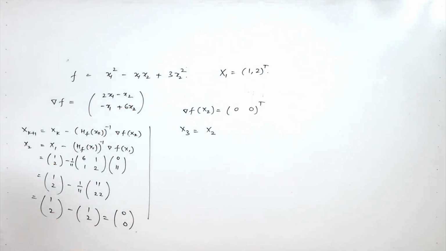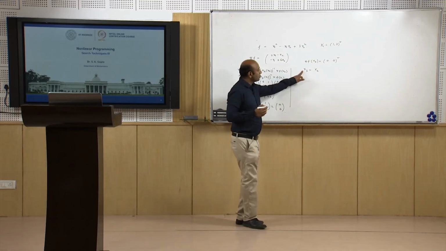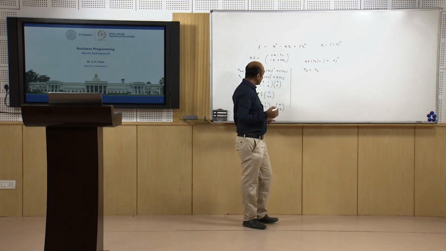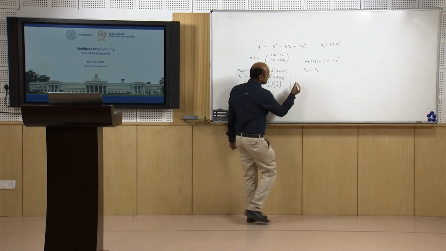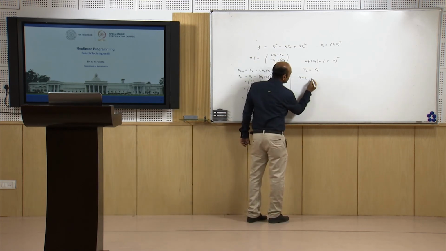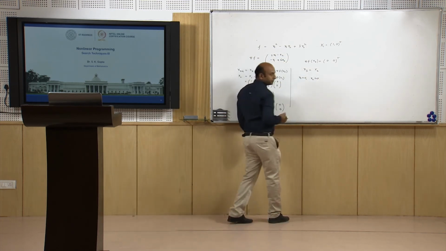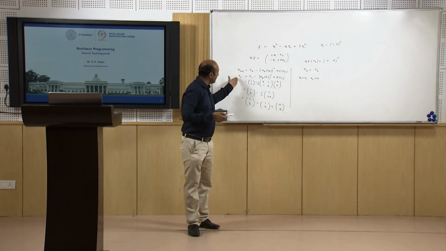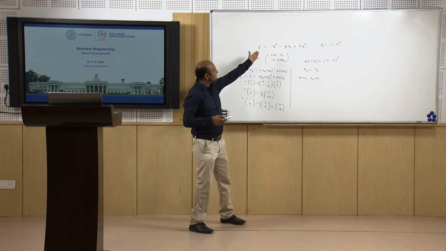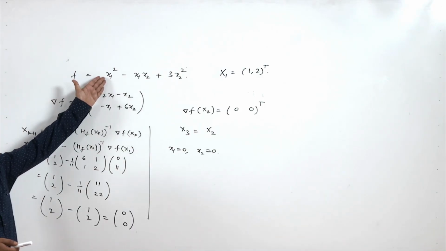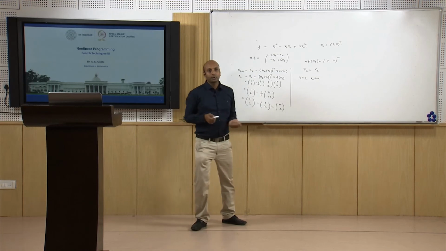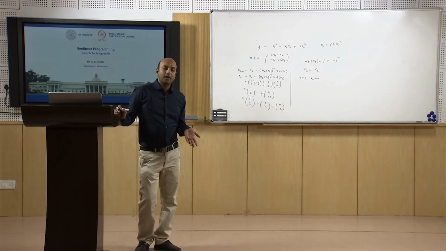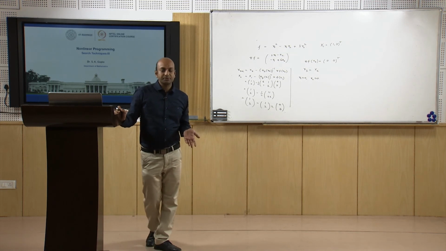That means the next iteration coincides with the previous iteration, so the optimal solution is (0, 0). So, x1 equal to 0 and x2 equal to 0 is the optimal solution. It takes exactly one iteration to solve this positive definite quadratic programming problem. In this way, applying Newton's method, we can solve unconstrained optimization problems.